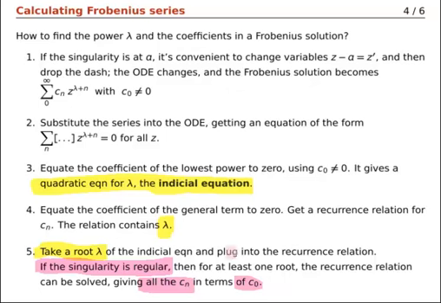So at a regular singularity, we're in good shape. We are guaranteed to be able to solve and find at least one Frobenius solution in detail.